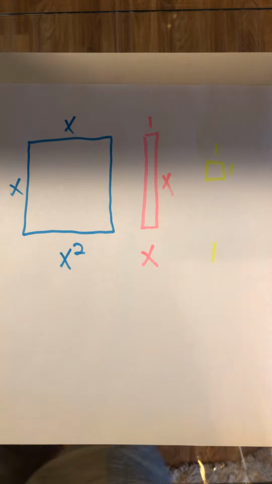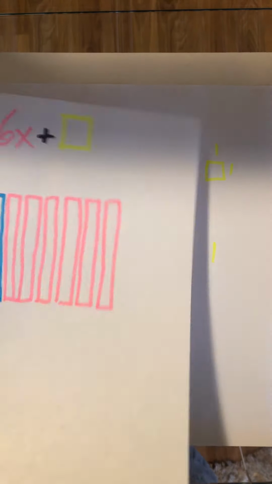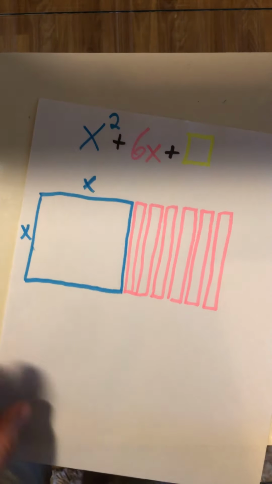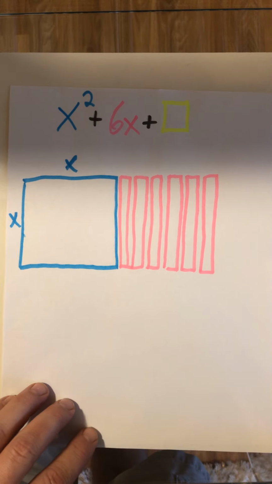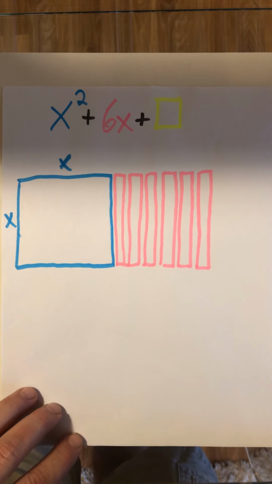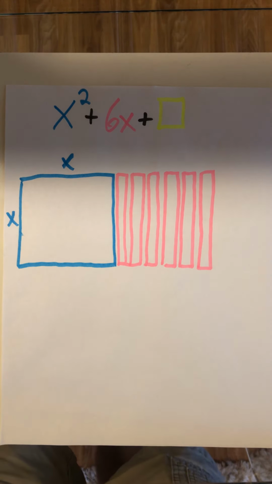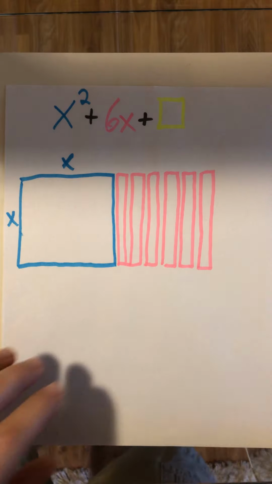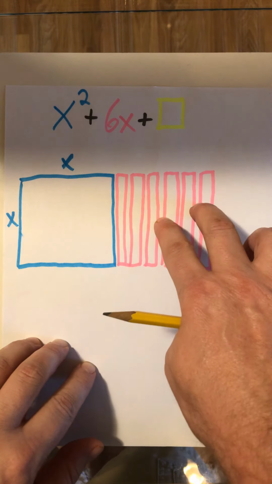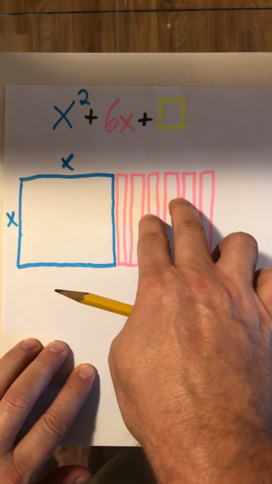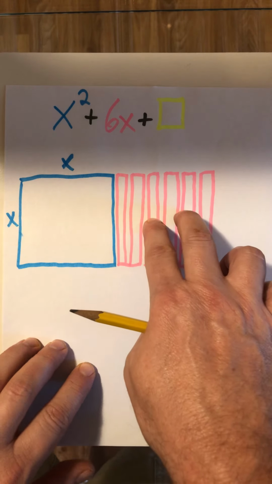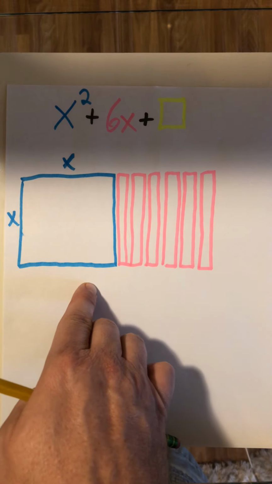So let's say that I'm given a quadratic that looks like this: x squared plus 6x, and I want to figure out how many of those yellow blocks I would need to complete my square. Well, if I look at these 6 x's and I wanted to rearrange it to where it looked more like a square, I could take half of that 6 and move it down here to the bottom.